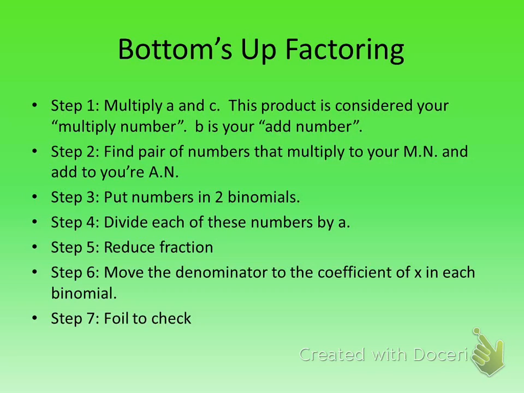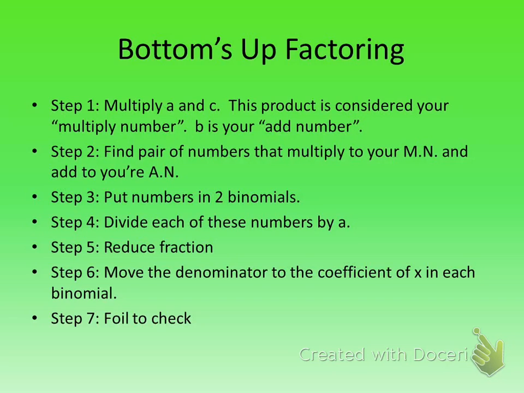Step 2, you still go through the same process of figuring out which two numbers multiply to your multiply number and add to your add number. Typo, yes, I see it now, thanks. Just like we always did.